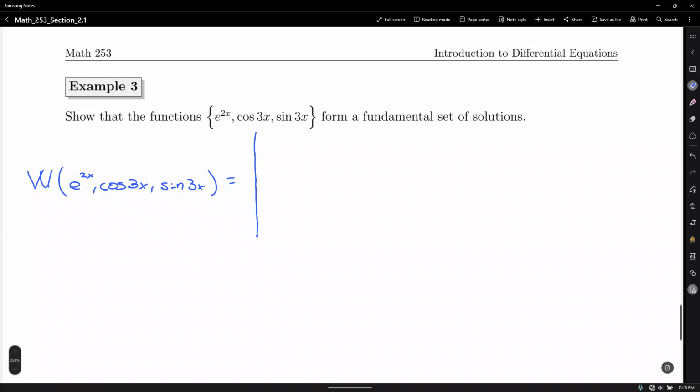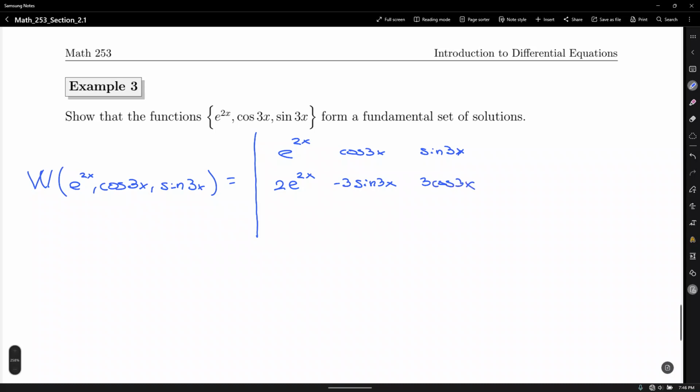Okay, so what are we going to do? We're going to write down a 3 by 3 determinant this time. Where the first row will be the functions e to the 2x, cosine 3x, sine 3x. The second row will be the derivatives of these functions: 2e to the 2x, negative 3 sine 3x, and 3 cosine 3x.